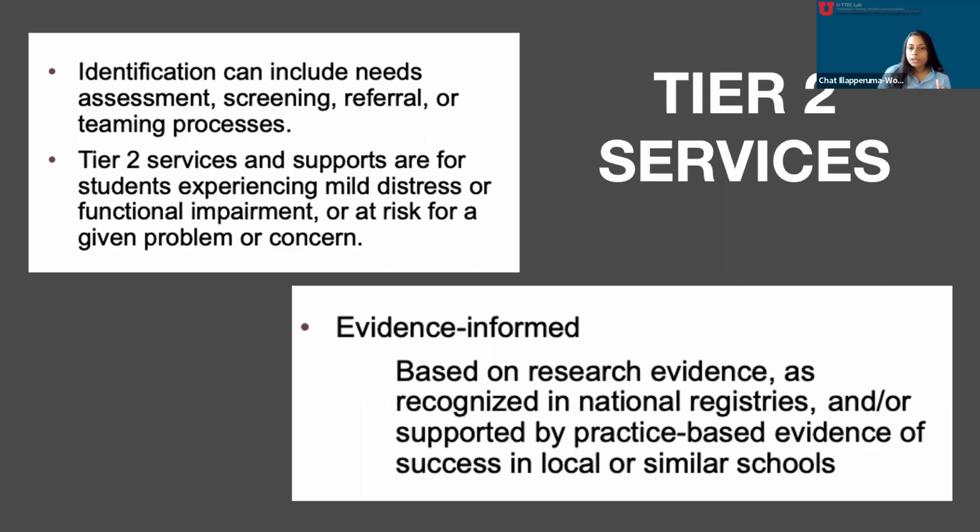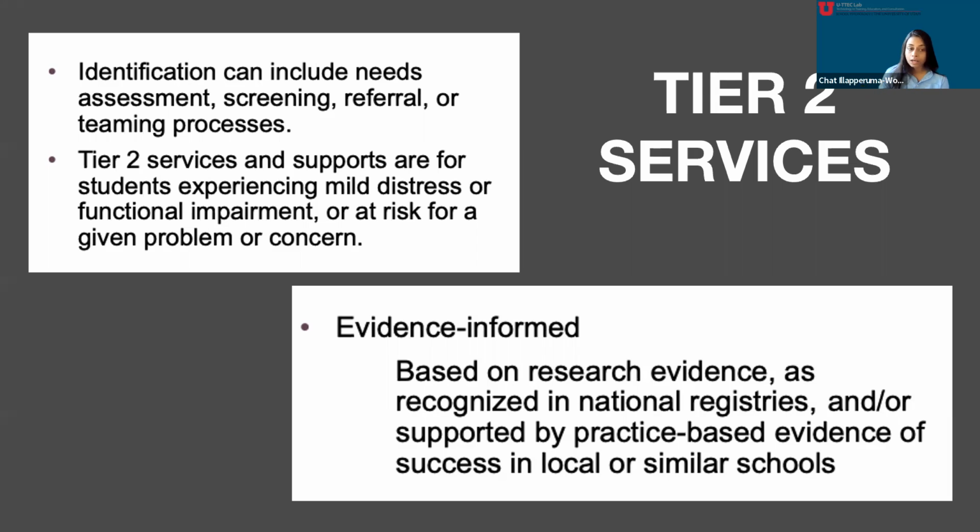Another aspect that you have to consider is the mechanism to systematically identify students who will benefit from tier 2. In schools, we talk about how many students have access to mental health services in your school, right? Sometimes we go back and forth, how do we capture this indicator?